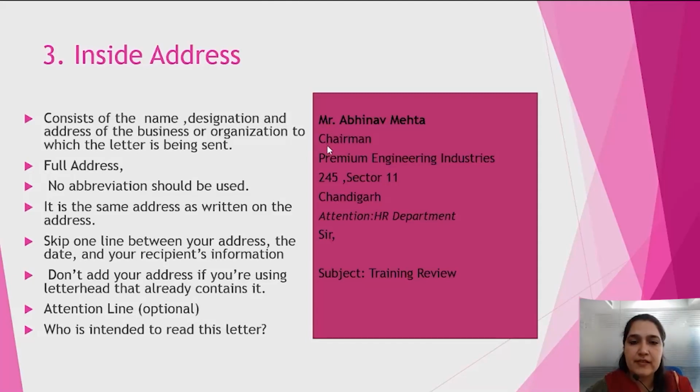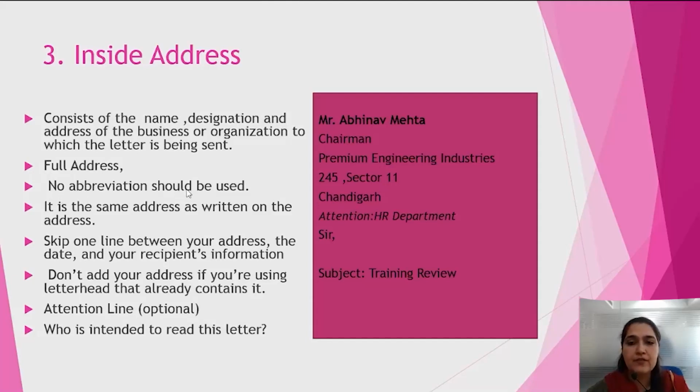His designation is that he is the chairman, and the name of the company is Premium Engineering Industries. After that, in the next line, the exact location along with the area, and then the city. So the complete detail of this person comes in 3 to 4 lines.